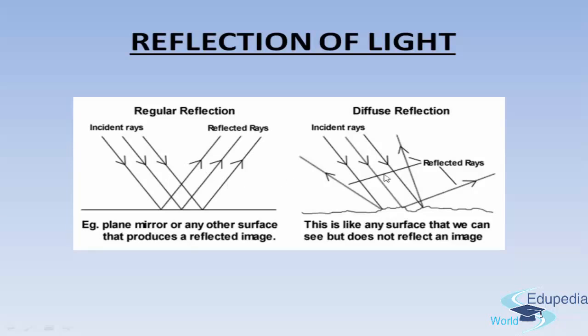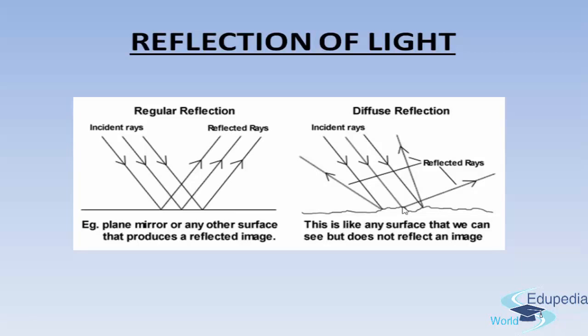However, what is a diffused reflection? Diffused reflection happens only on a rough surface wherein, if we have a beam of parallel rays incident on this surface, then the reflected rays won't be parallel to each other. So it's not a regular reflection, but a diffused reflection.